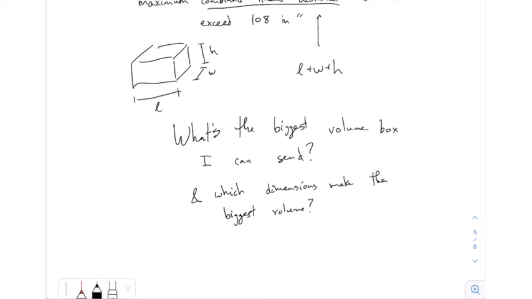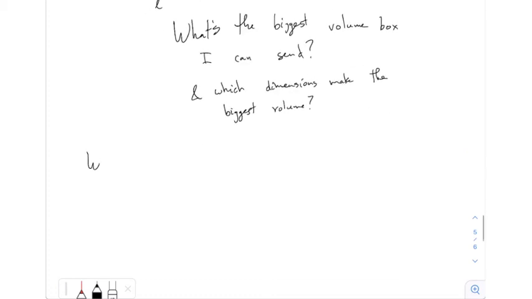Okay, so this is the scenario. Let's go through my very simple steps. The first step was figure out what exactly you're trying to maximize or minimize. I think it's pretty clear the way I asked the question. You're trying to maximize the volume.